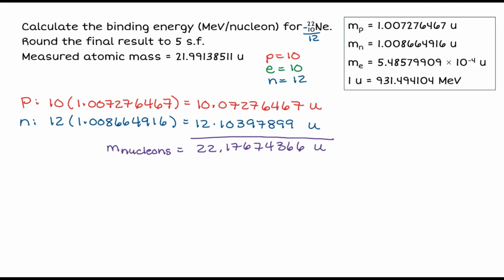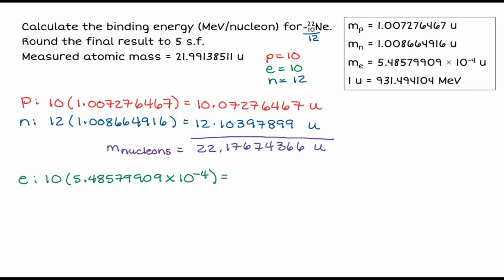Our next step is to calculate the mass of the nucleus. We have the measured atomic mass given in the problem. We need to subtract the mass of the electrons. So we're going to do a similar calculation with the electrons as we did with the protons and neutrons. We have 10 electrons. The electron mass is 5.485799909 times 10 to the negative 4.